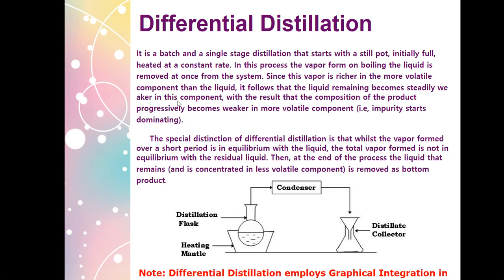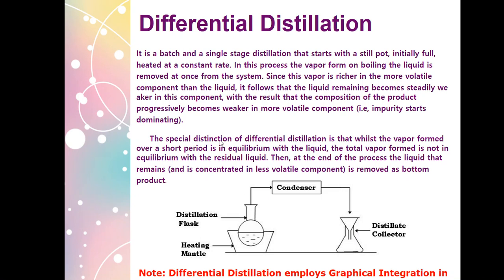This is weaker in this component, meaning A here, for example, if A is more volatile, becomes leaner and leaner in this portion, with the result that the composition of the product progressively becomes weaker in the more volatile component as the process proceeds. So over time, we expect that our product here being collected will become leaner in the more volatile component.